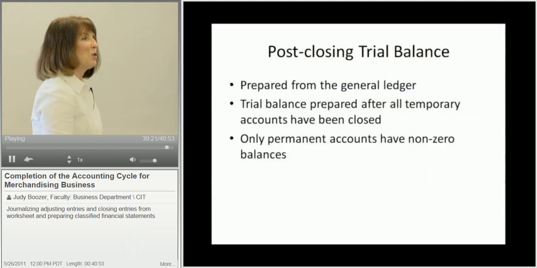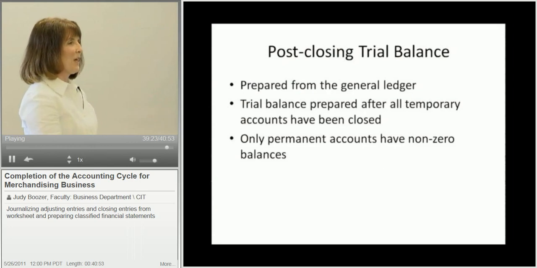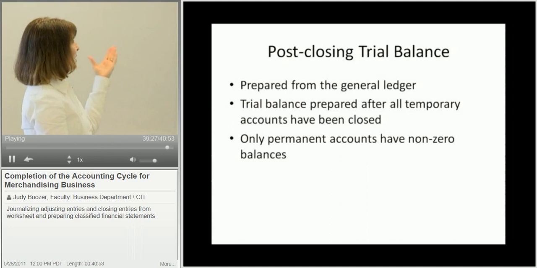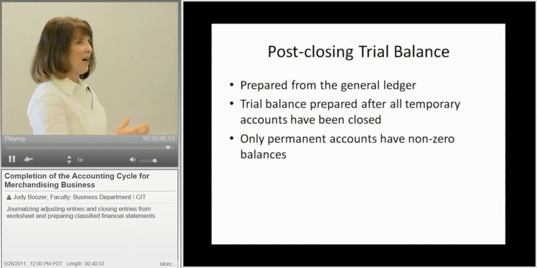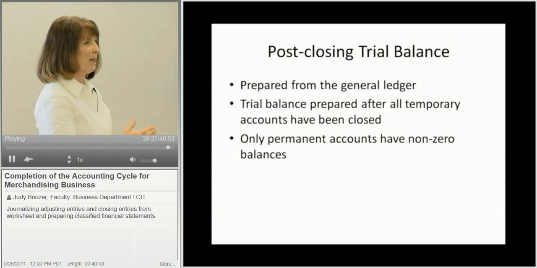And once we do all of that, we have one more thing to do to check the accuracy of our records. And this is something we did before, a post-closing trial balance. What is on a post-closing trial balance? Yes, you can.